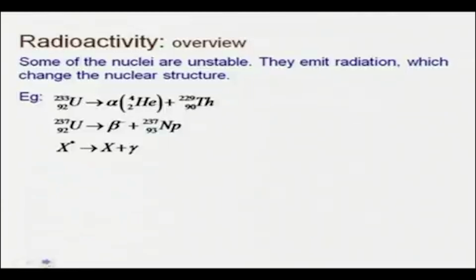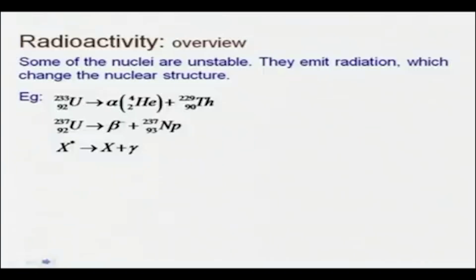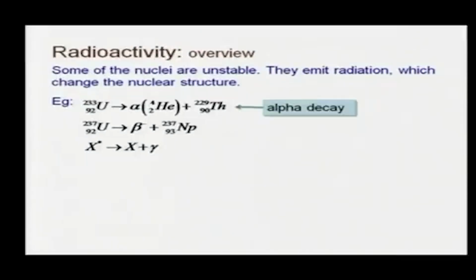Then there are many nuclei which, when they are in an excited state, emit photons, gamma rays, and convert themselves, de-exciting by emitting this photon. So, the first one is an example of alpha decay.